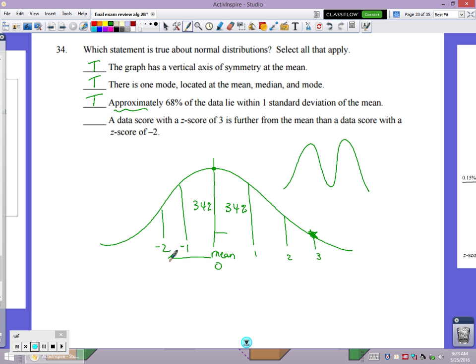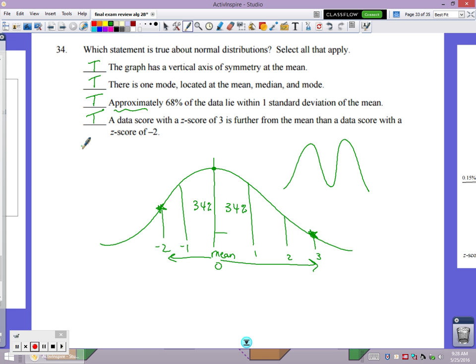So here we have 2 this way, here we have 3 that way. Which of those is further from the mean? We would say that the 3 is definitely further. So a data score with a z-score of 3 is further from the mean than the data score of -2, which would also be a true statement. They are all true. Wow.